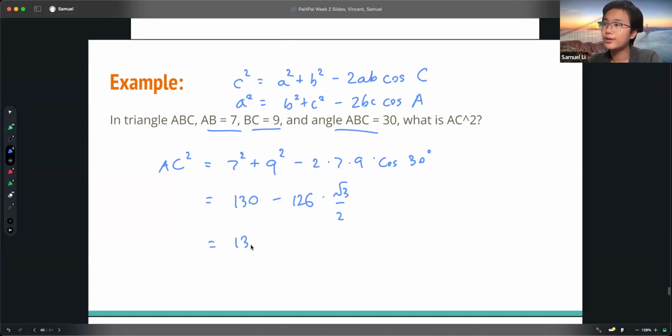So that would be 130 minus 63 root 3. And because we want to find AC squared, we just compute this, which turns out to be 20.881, I think. Yeah. So does anyone have any questions on law of sines, law of cosines in general?